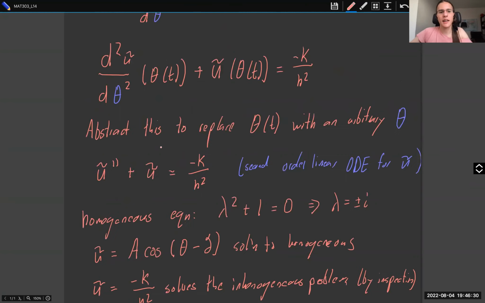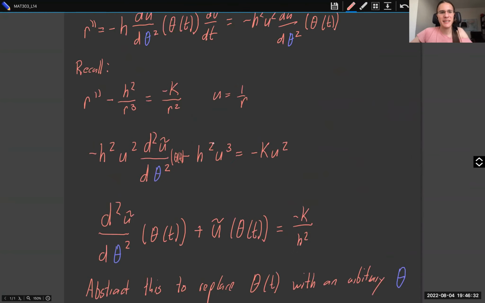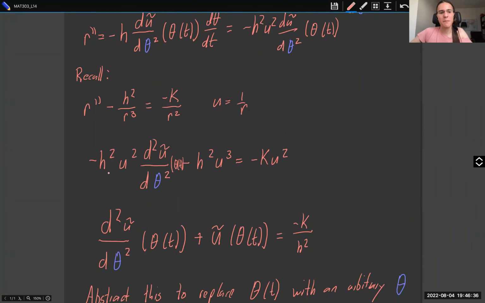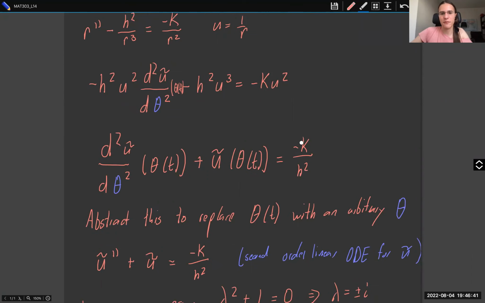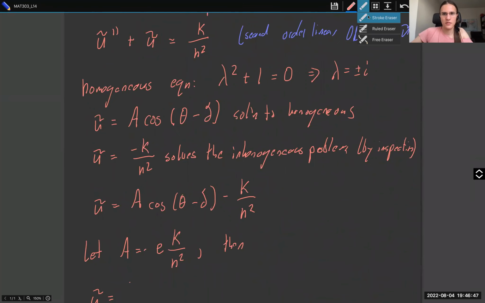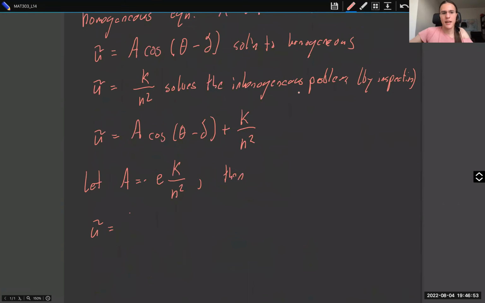Sorry, there was a thing. The thing is that in this equation, we divided by negative h squared. So in fact, this became positive. Or I didn't have to erase that.